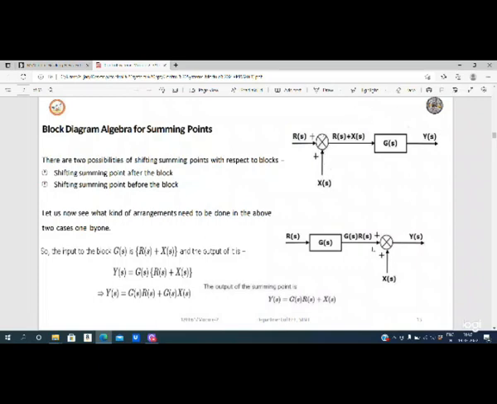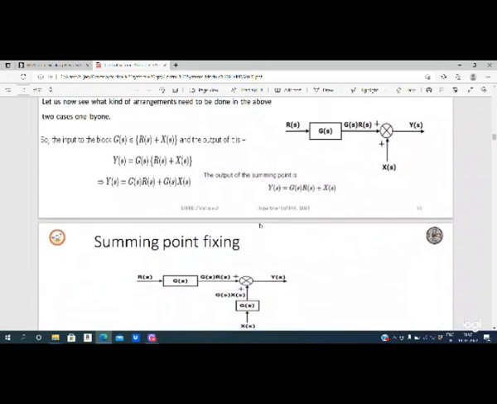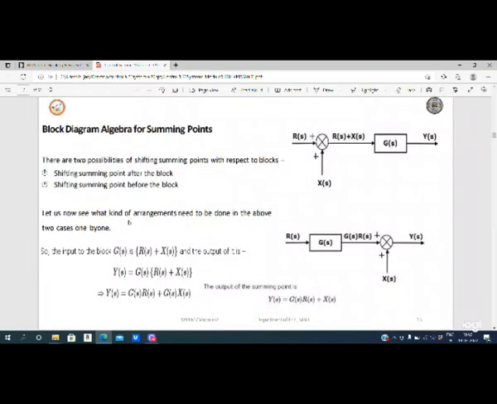The shifting has to be done with the help of this concept: whichever block you move the summing point after, that block value becomes the value at the feedback end. We will discuss how exactly that happens.